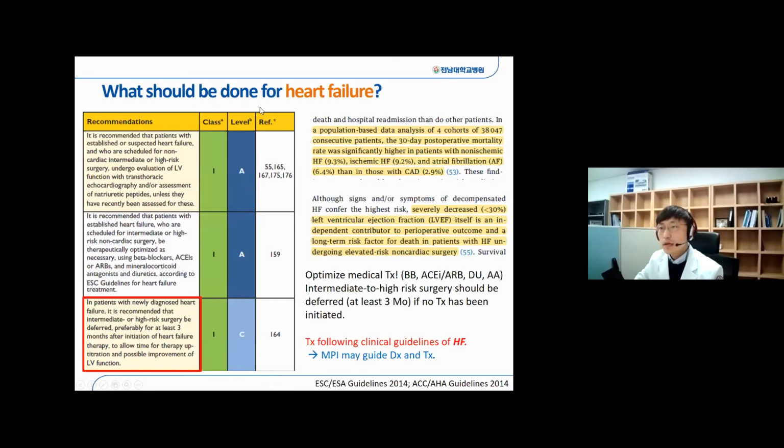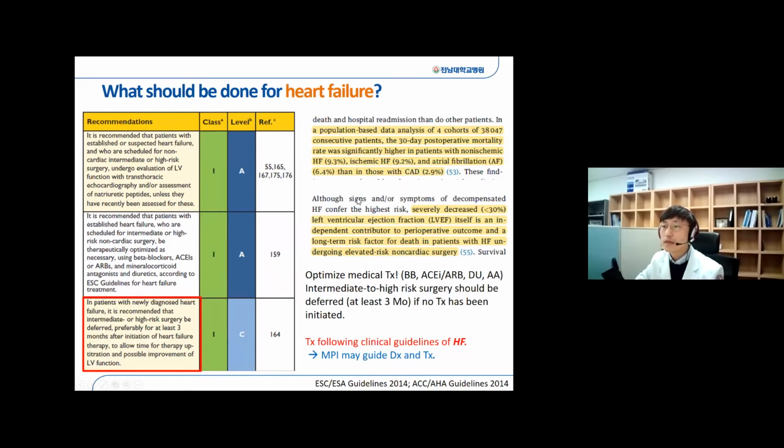Then what should be done for patients showing heart failure? In case of heart failure, the accurate diagnosis and the treatment for heart failure is the first option before the surgery, because in patients showing heart failure, the 30-day post-op mortality rate reaches up to 9.3% for non-ischemic heart failure and 9.2% for ischemic heart failure.